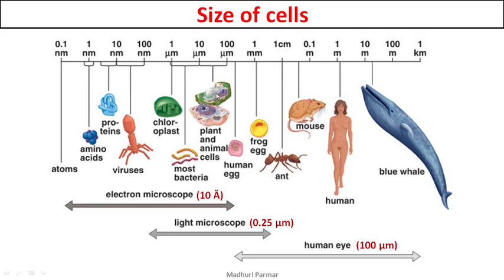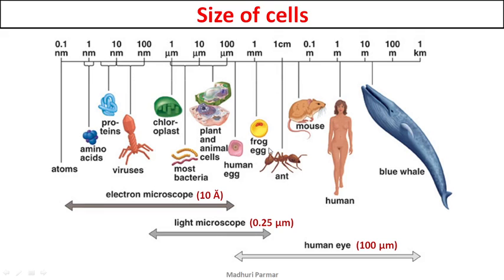Then cells: you must have seen, or if you have not, do not worry, we might encounter it someday, normal plant cells or animal cells from your cheek and from onion under the microscope. That is the normal light microscope you used. From 10 micron to 100 micron, you have plant and animal cells which are all very visible. From chloroplast or subcellular organelles till eggs or even plant cells, you can observe under the light microscope. You do not require an electron microscope for this.